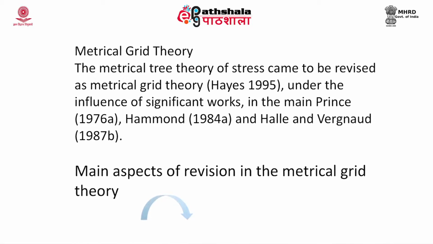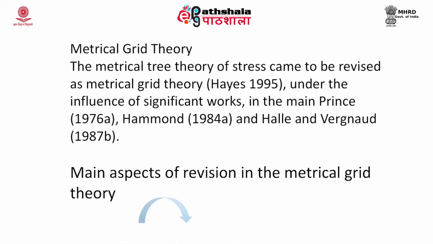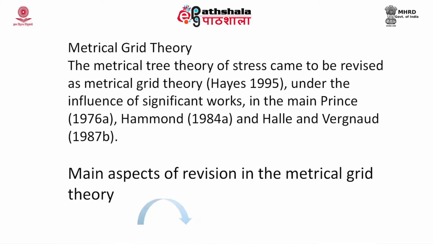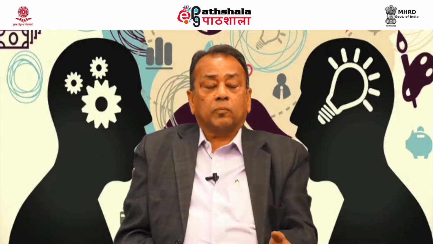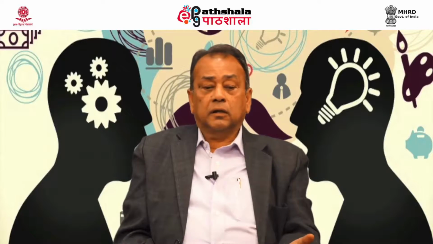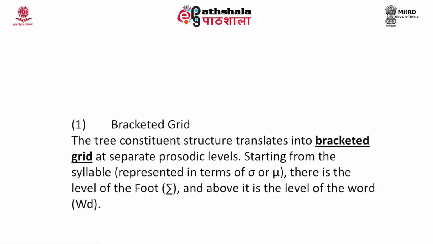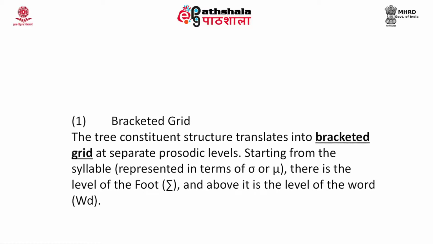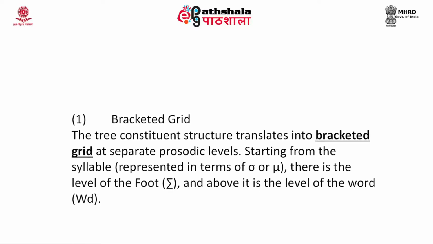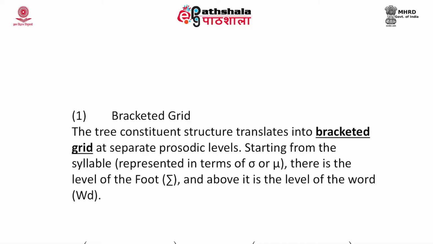The main aspects of the revision in the metrical grid theory from the metrical tree theory are discussed in what follows. First of all, one of the important constituents now added, available on a separate or independent level, is the bracketed grid.